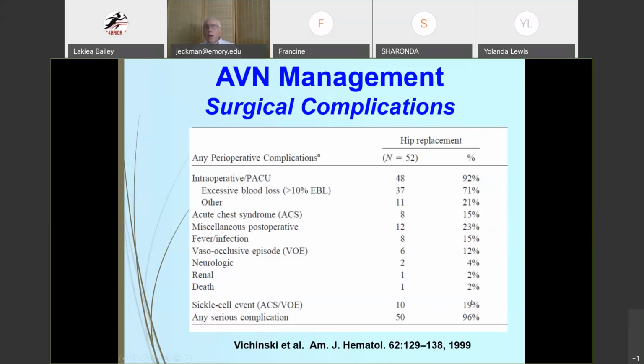Most of these were related to sickle cell complications and increased blood loss, but there were other more serious ones like acute chest, infection, and sometimes some neurologic and kidney problems, and a rare death. So the surgery is major surgery, and in sickle cell disease, that's something you have to take into consideration.